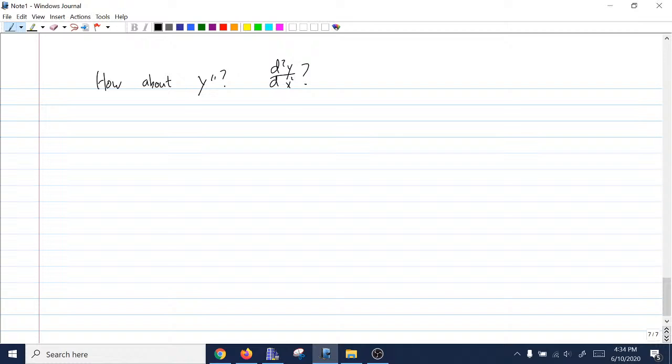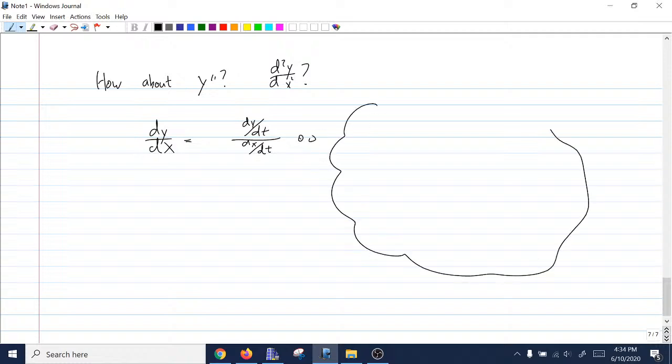The way to remember this is to think about what we did just a second ago. We just said dy dx is the derivative of y with respect to theta over the derivative of x with respect to theta. I guess the general one would be t. It's just the special cycloid where we're using theta as our t variable. You need to look at this and think about, this didn't just tell us how to take the derivative of y, it told us how to take the derivative of something.